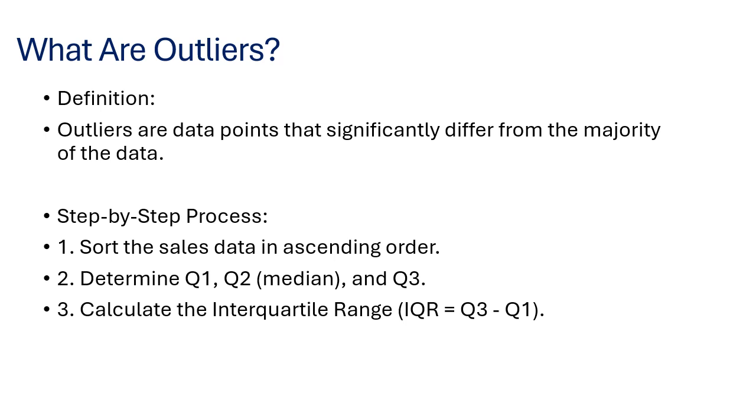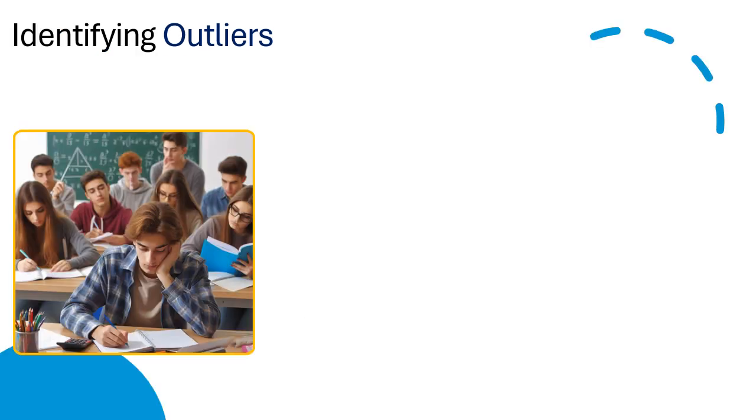And then we determine Q1, Q2, and Q3. After we know Q1 and Q3, we can calculate the IQR or interquartile range. How to do so? You just need to subtract Q1 from Q3. From the previous slide, we already know that one way of identifying outliers is using the IQR.